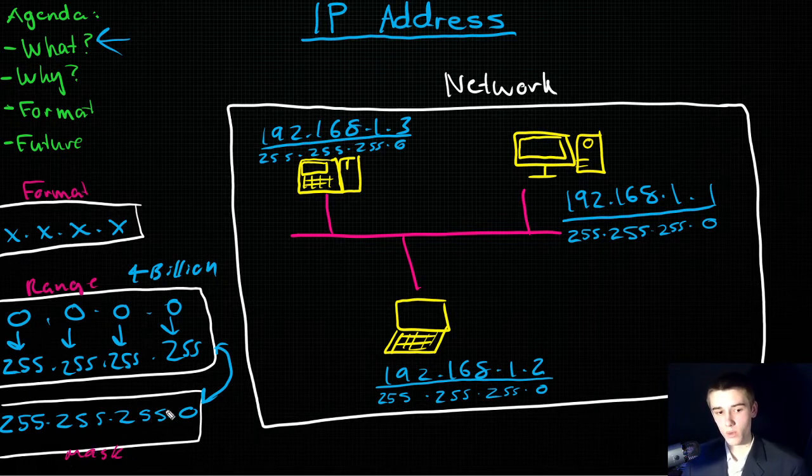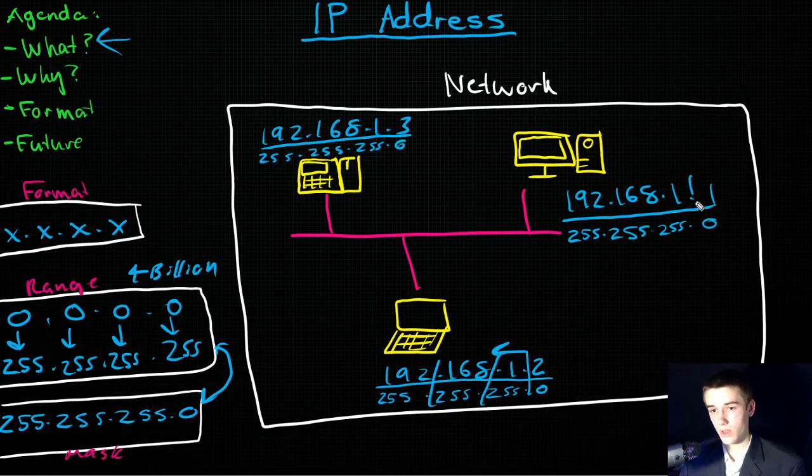Essentially, as you can see here, under each address I've written the mask. What the mask does is say where there's a 255, that portion is showing you what the network is. Where there's a 0, that portion identifies the specific host.